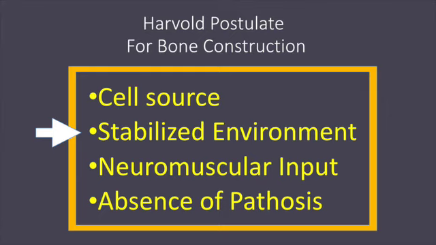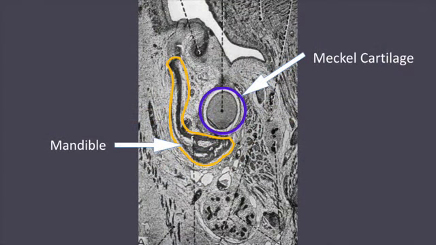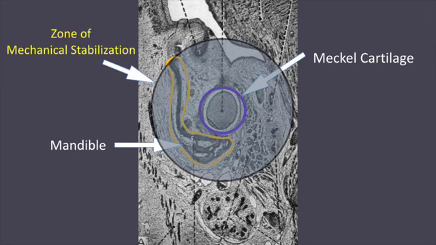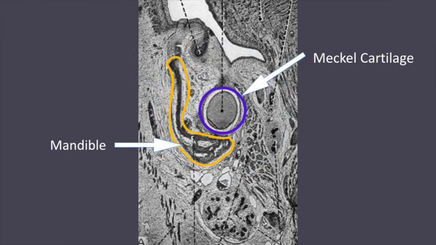In other words, the cells that would become mandible, undergo morphogenesis and organization, have to be in a volume that is mechanically stabilized. He felt that Meckel's cartilage, for instance, provided a mechanical stabilization in the soft tissue adjacent to it that produced an environment that was susceptible for morphogenesis if influenced by the correct signaling.